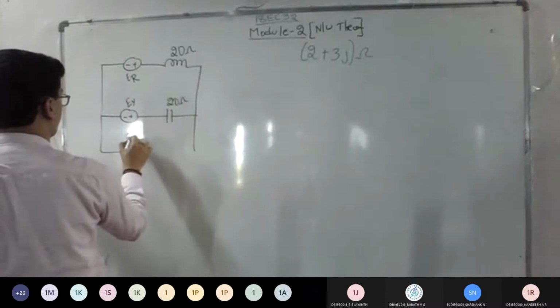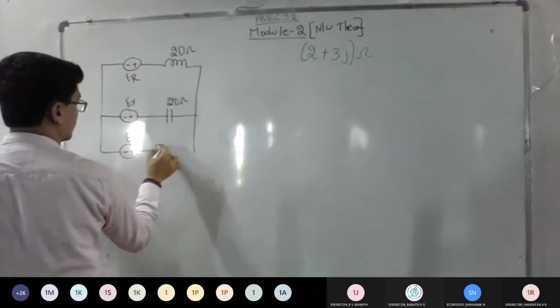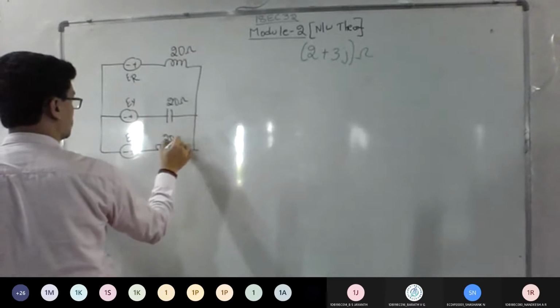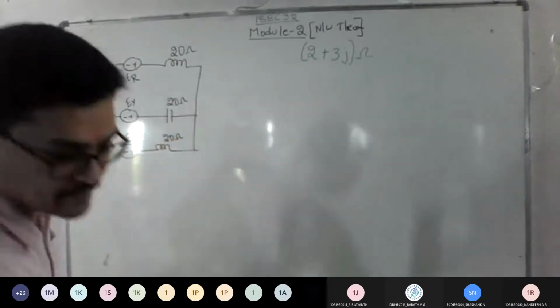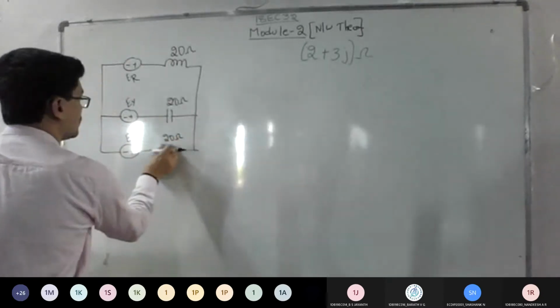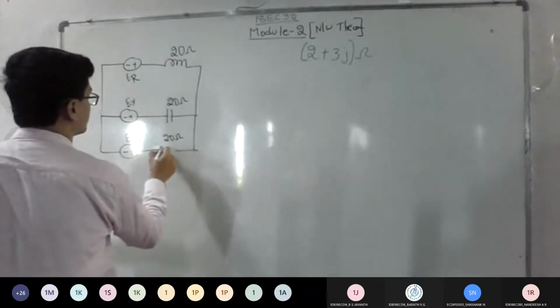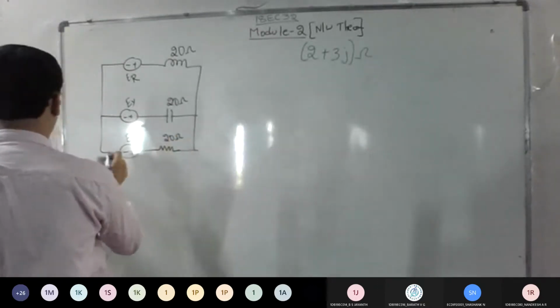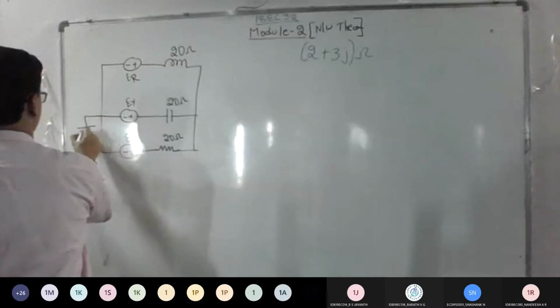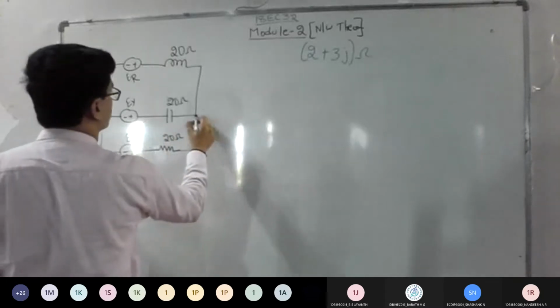Minus plus, they are given 20 ohm. You can see the values, but you should know what to do for the capacitor and inductor. Clear? There is a resistor here, connected from this end to ground, and this is your Vs.